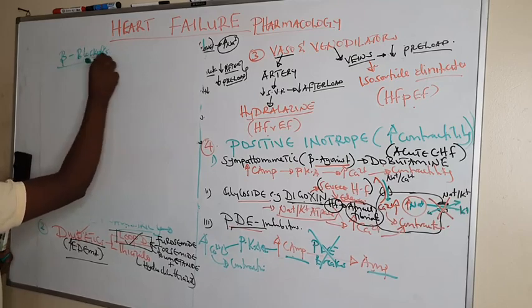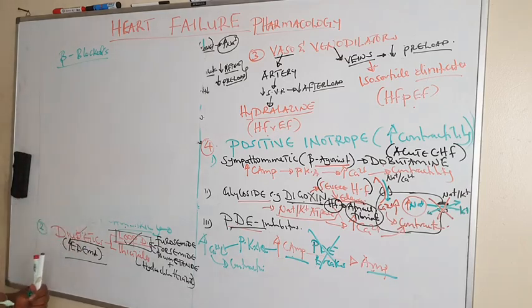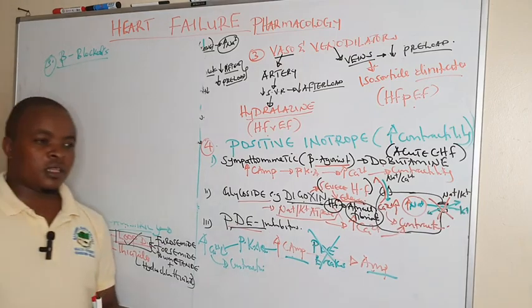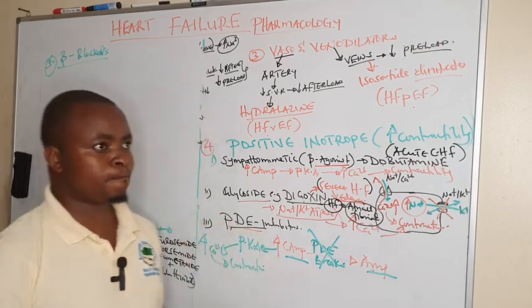So these are sympatholytics, the beta blockers. And this is another category, number 5, we are looking at in this session. The adrenergic blockers or the beta blockers, we saw by compensation.